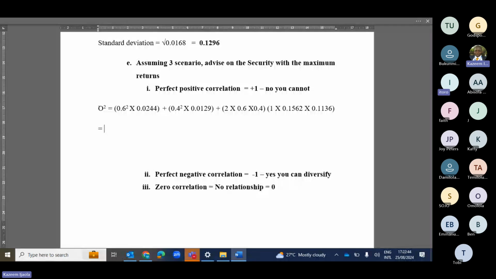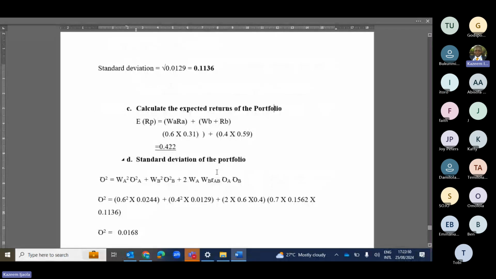This RAB here, you make it 1. All of those figures are the same. Just make this RAB 1 under perfect positive. Then under perfect negative, make this RAB -1. Then under the third one, that is 0, make this RAB 0. That is all. Then there's another formula, so I will show you that also.